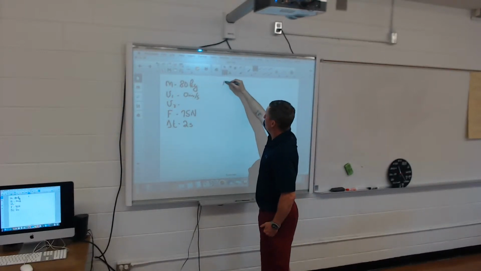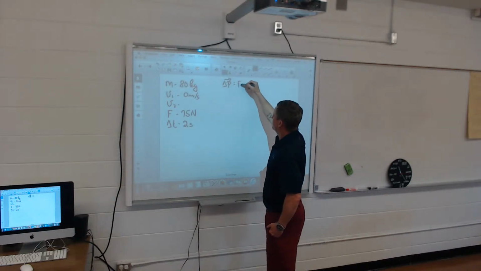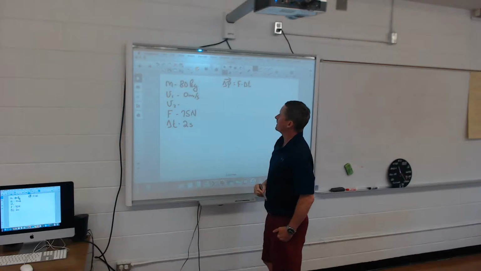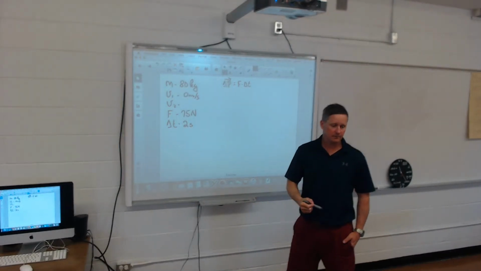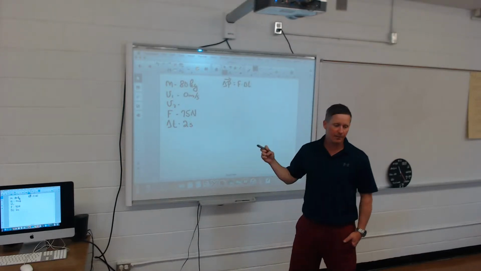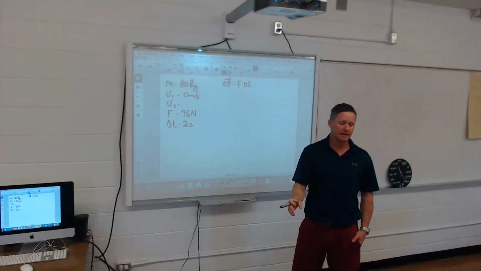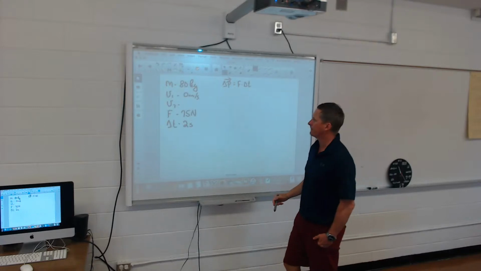So our change in momentum is force times time. That's impulse. So we're looking for our impulse, which is the amount of force acting on something over a given amount of time.